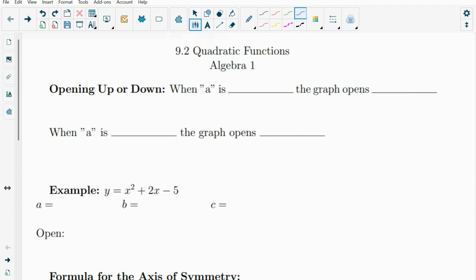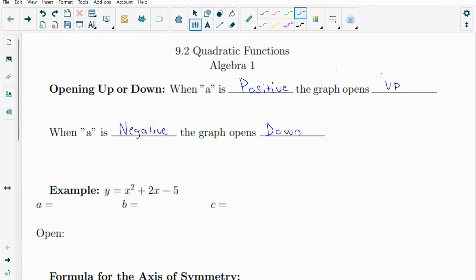As I previously mentioned, when a is a positive number, the graph is going to open up. And when a is a negative number, then the graph is going to open down.